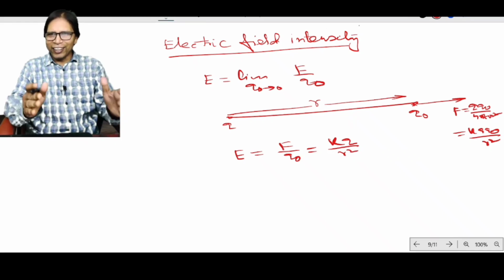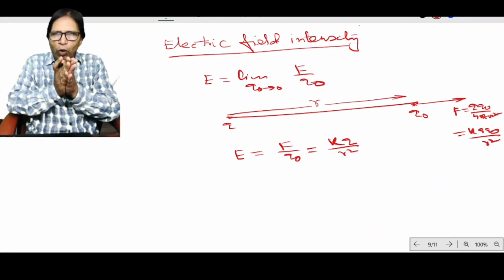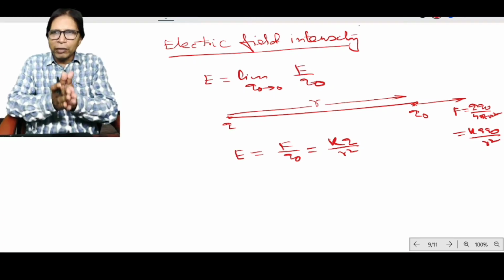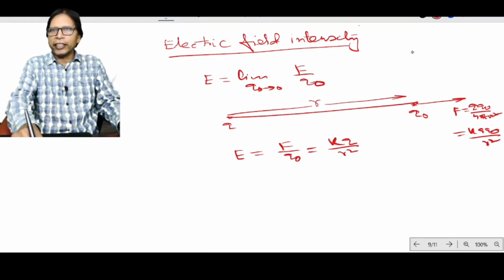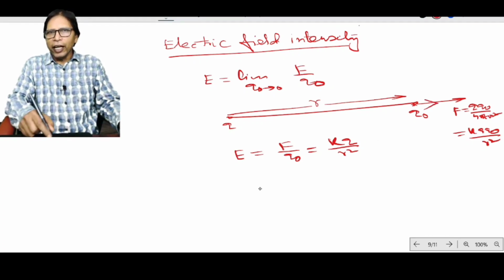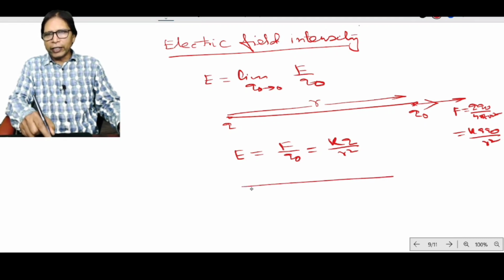Due to positive charge, electric field intensity is directed away from the charge, and due to negative charge, the electric field intensity is directed towards the charge.